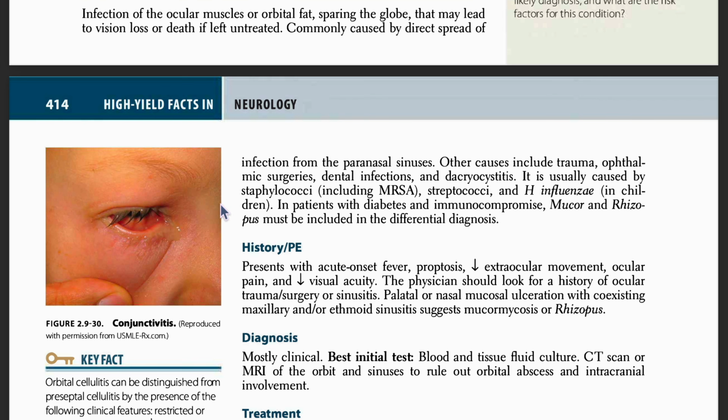It is usually caused by staphylococci, including MRSA, streptococci, and H. influenzae in children. In patients with diabetes and those who are immunocompromised, Mucor and Rhizopus must be included in the differential diagnosis.